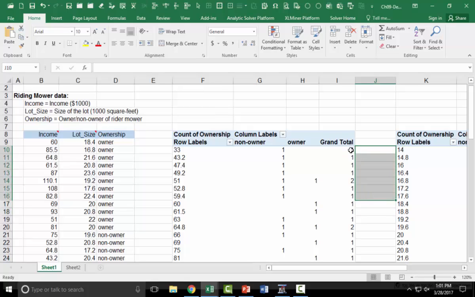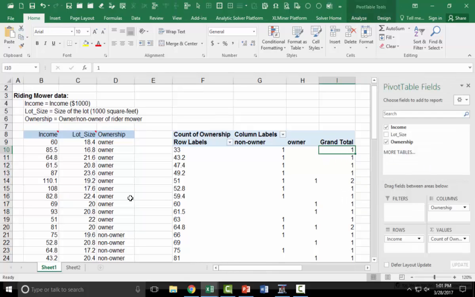So I10 through I16 will give you the number of records on the left side and the balance on the right side.